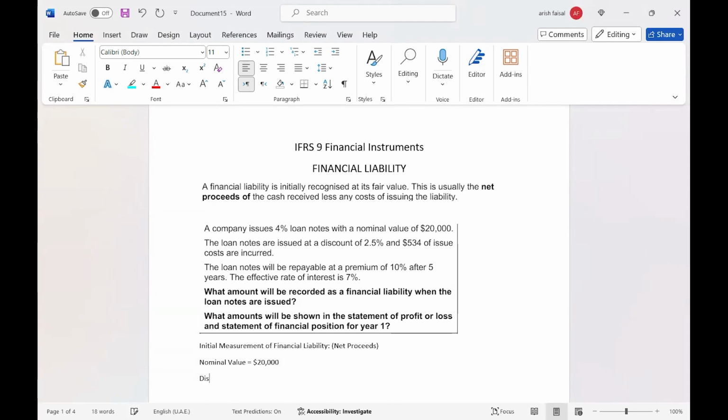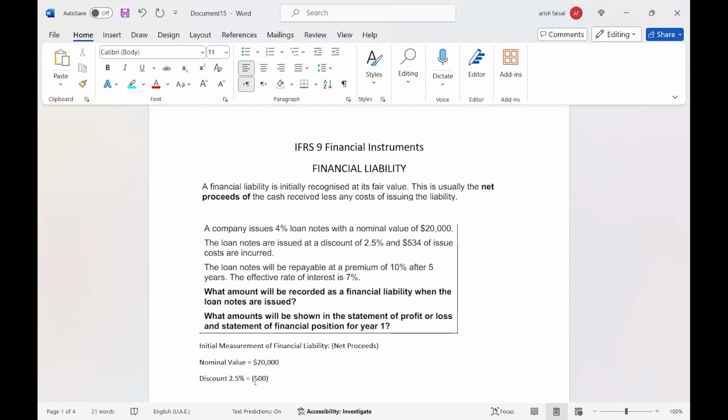You will deduct the discount, because that's the amount which the company has not received, which is 2.5 percent of the nominal value. So 20,000 into 2.5%, you get 500. They have received 500 less, but they say that we owe the investors 20K.